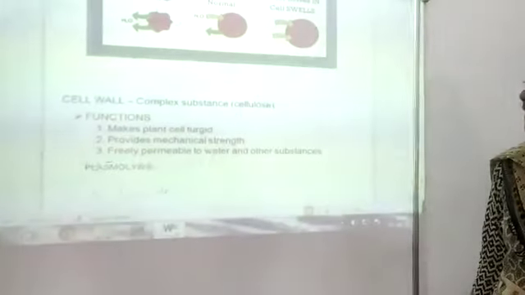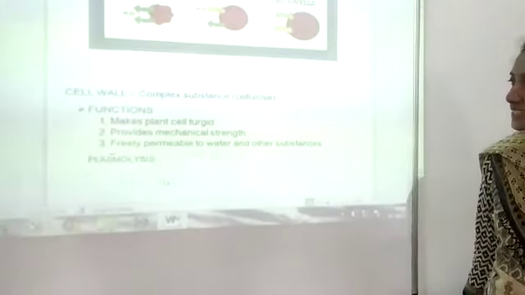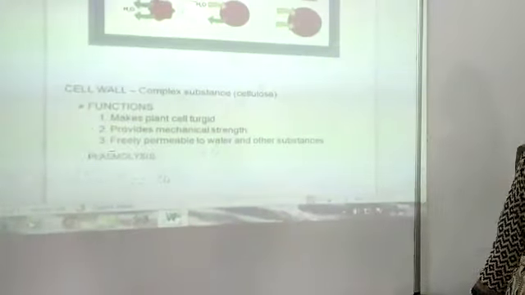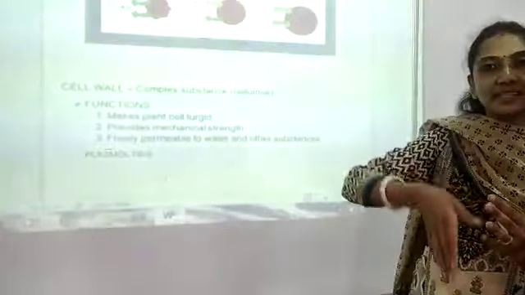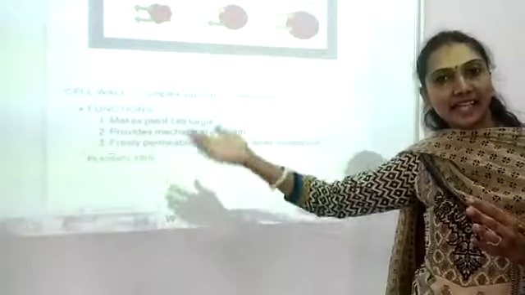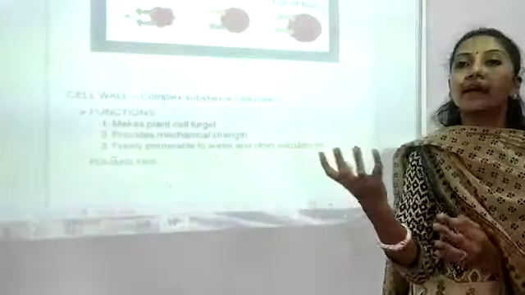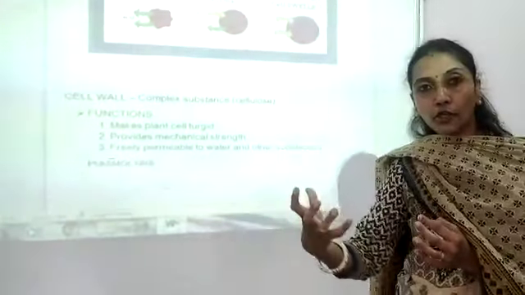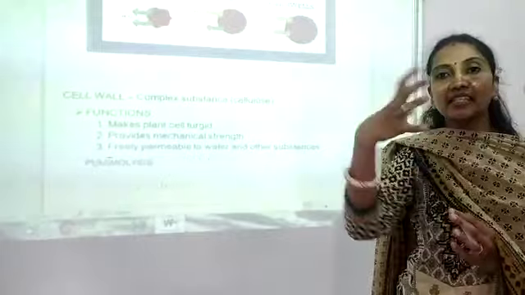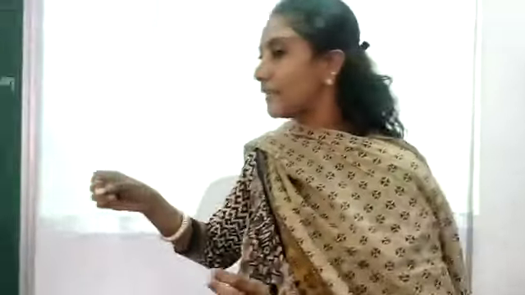One more term I have written here is plasmolysis. What is plasmolysis? This happens in a hypertonic solution, where the water molecules from inside the cell move outside the cell. In that case, the interior portion, that is, our protoplasm, shrinks away. Now the cell wall is present here.